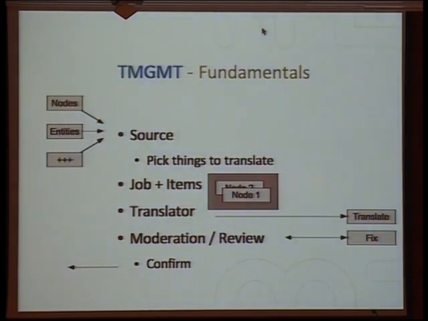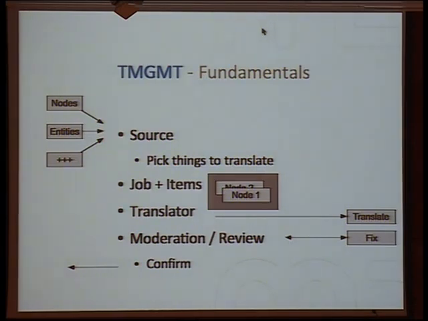This here are the fundamental concepts the translation management system introduces. So the job, generally it's all about the job at the heart of the system. Every job has sources.